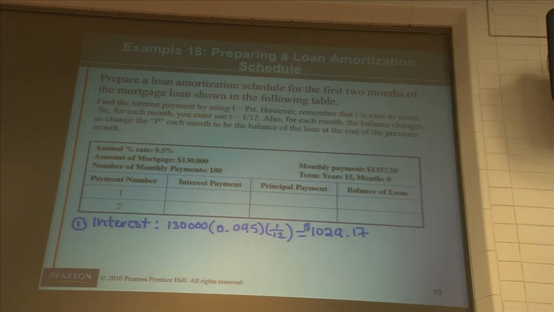Okay, so let's fill that in. 1029.17. But notice, how much are you actually paying per month? $1,357.50. So your monthly payment, you take the $1,357.50 and subtract from that your interest.